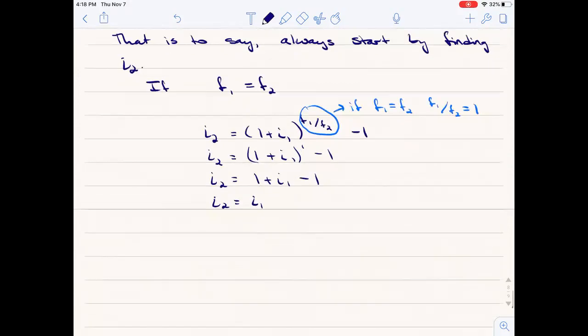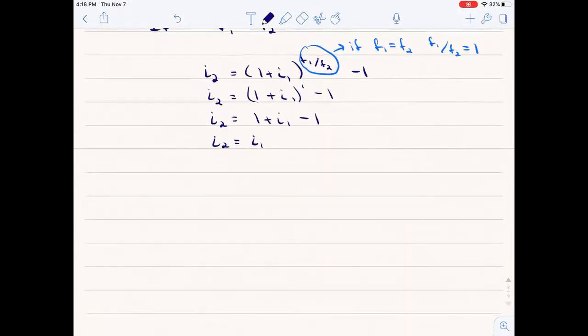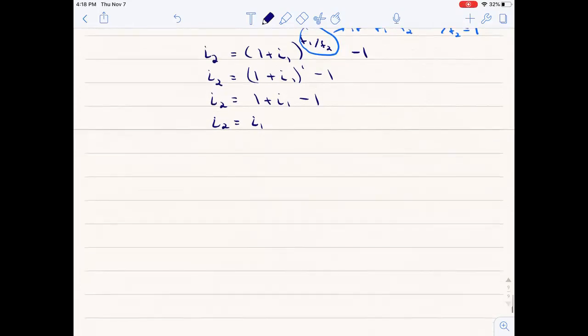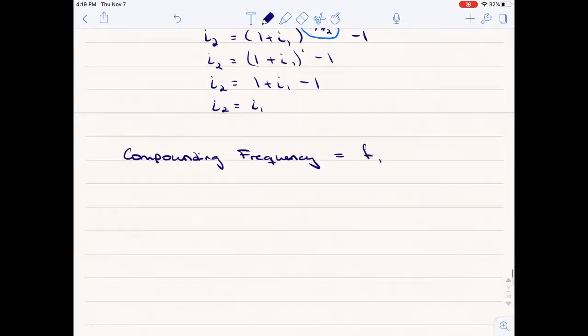And so on our calculator, or actually, before I talk about the calculator, we're going to have our compounding frequency, which is F1.